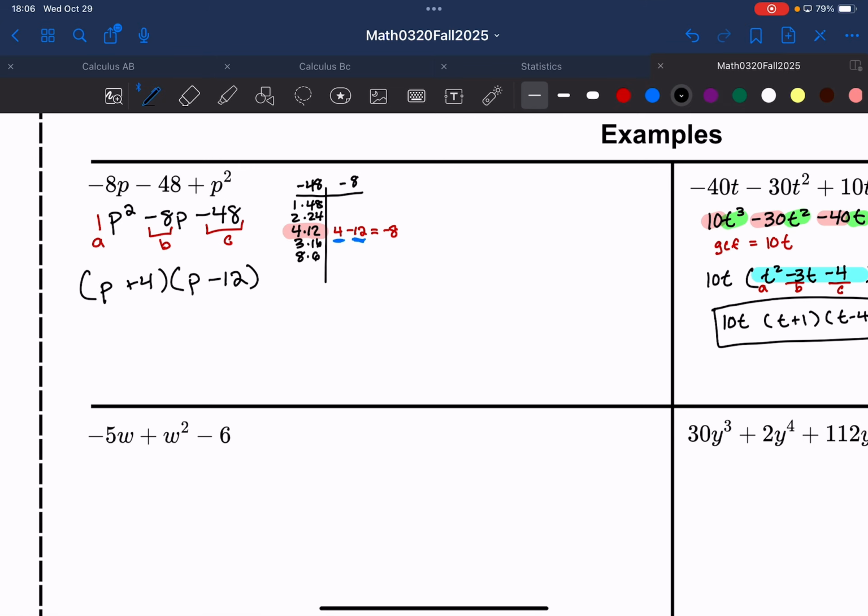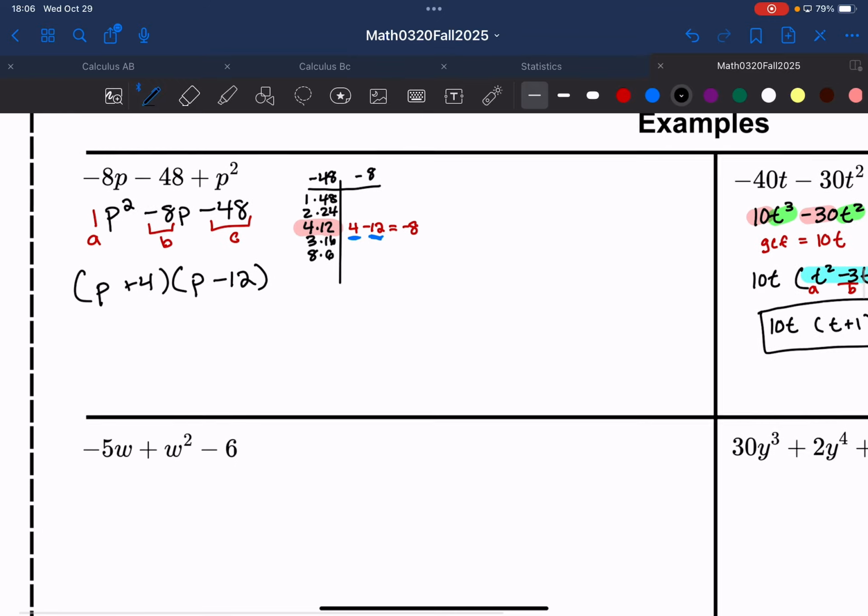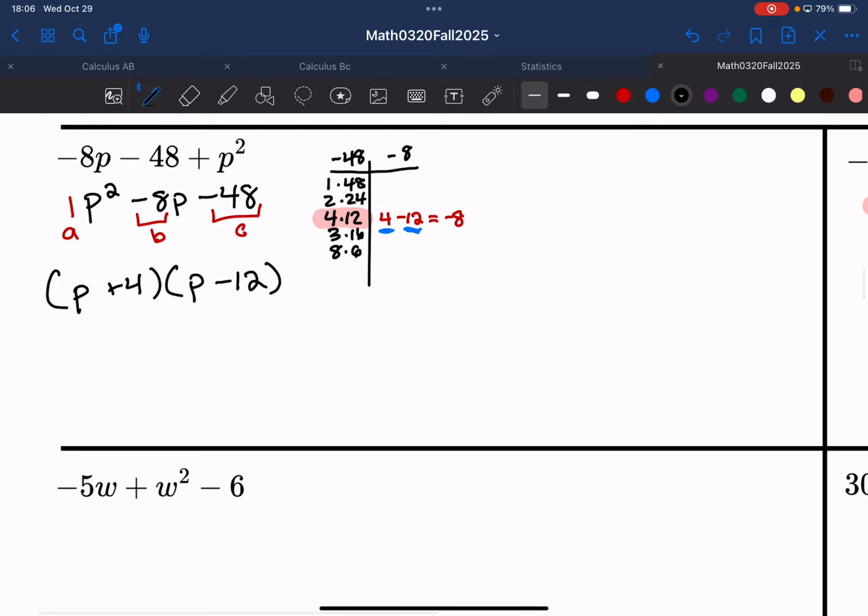There are so many different ways to teach this. I'm just teaching it very basic, no fancy methods, because they're not going to want those methods in college algebra. But if you've tried this and you're stuck, feel free to go back to any method you may have already learned.